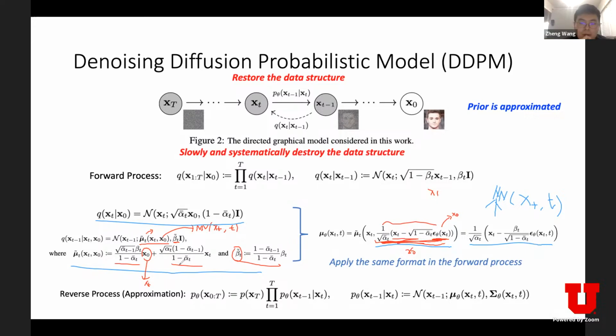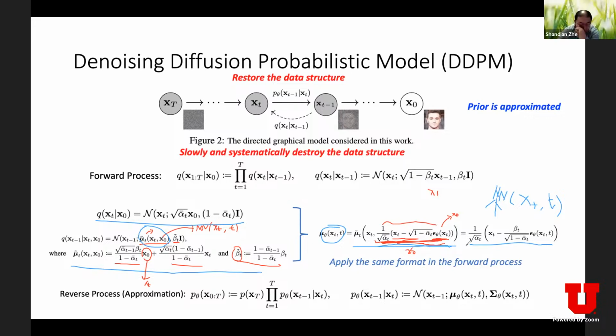Yeah, in their experiments, they also tried to directly use the neural network to predict this term without formulating the mean in this way, but the results show that if they use this kind of formulation, they can get better results.